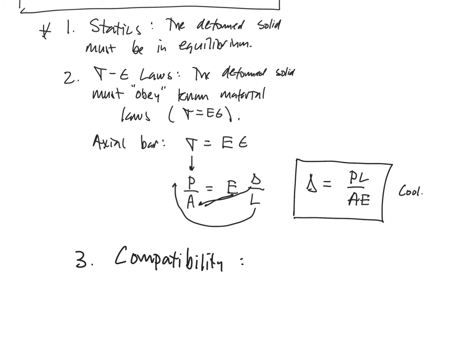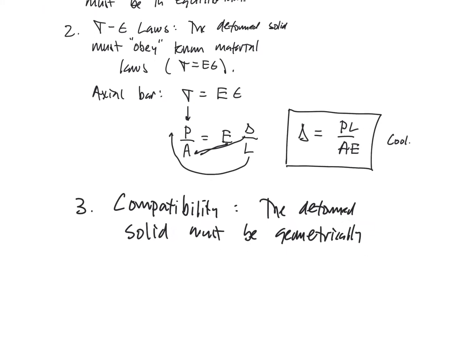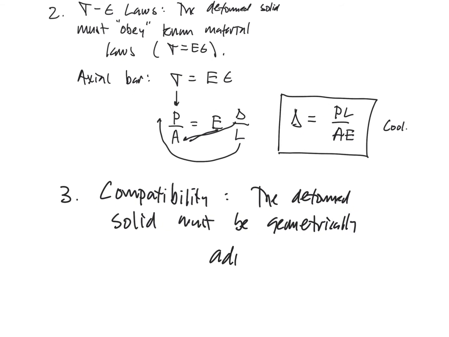So what we will say is the deformed solid must be geometrically admissible. Geometrically admissible. What does that mean? There are going to be no gaps.